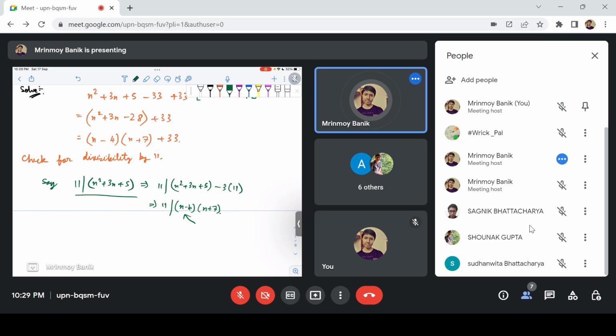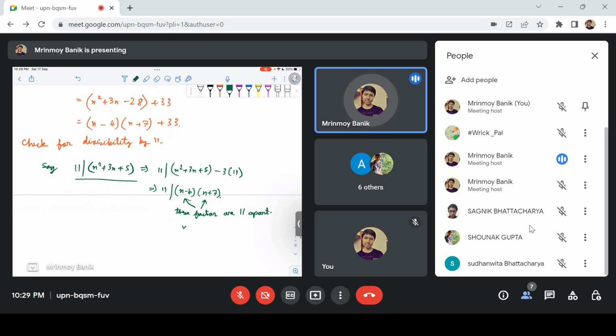And observe these two factors are exactly 11 apart. That is, n plus 7 minus n minus 4 is 11.